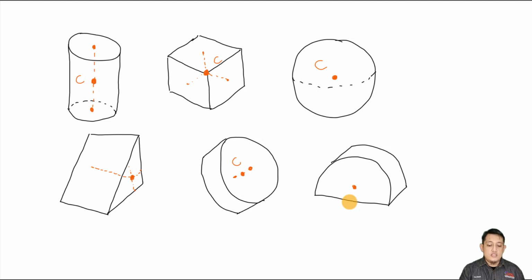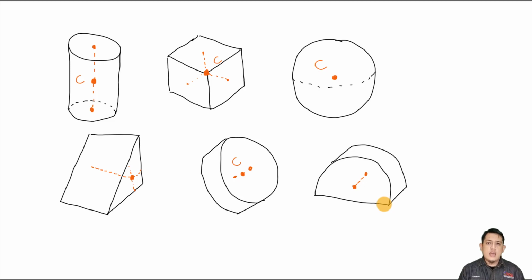Then the location of this centroid should be along this line, up to the back here, along this line here. Now, if we look at this semicircle from the side view, we can see that it becomes a rectangle also.